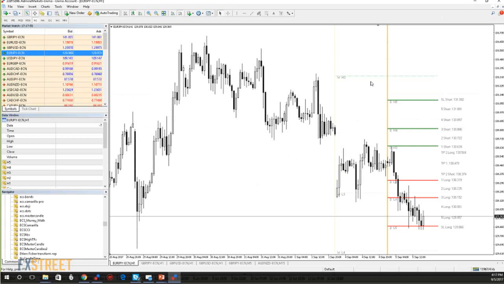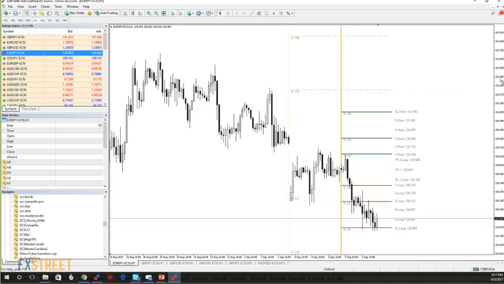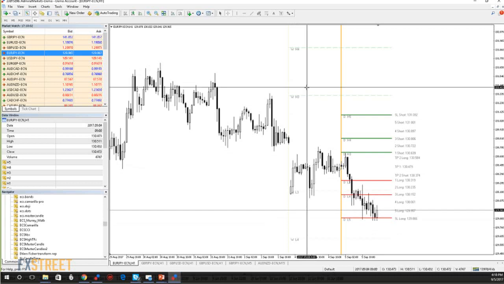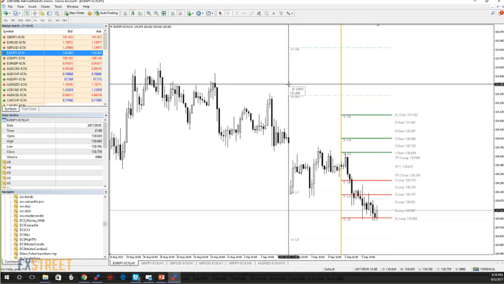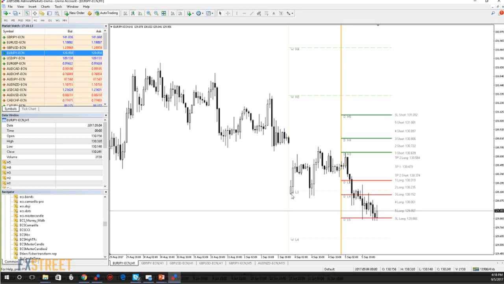I didn't cherry pick this. We can go like this whole day and you will always see same results. So let's see this one. So platform time, 0, 0 here. The price actually opened up between W, this is weekly level, and L4.